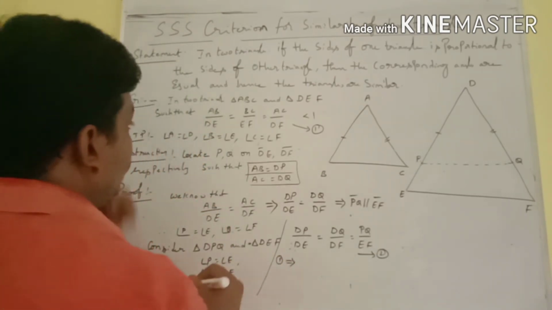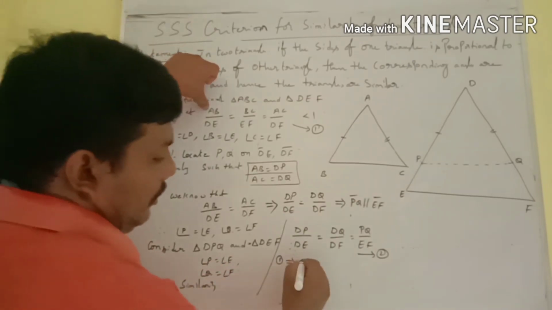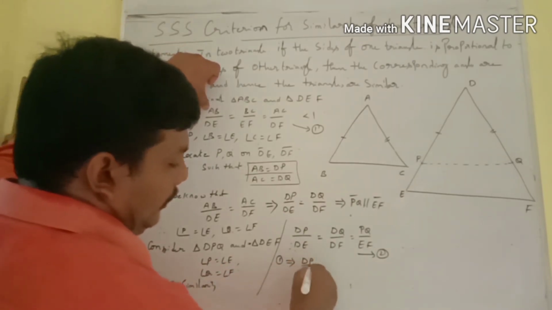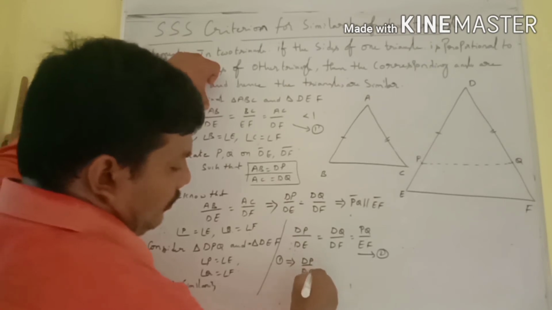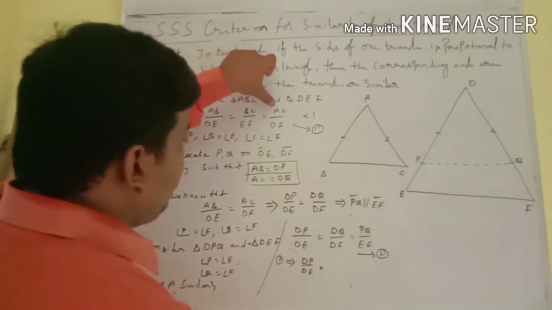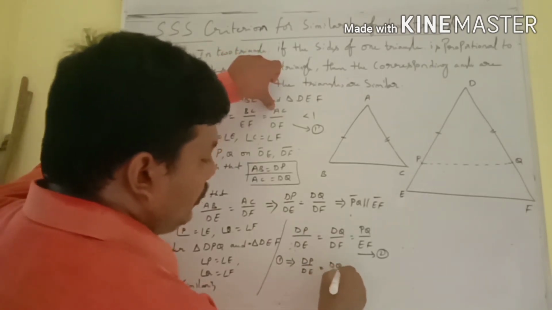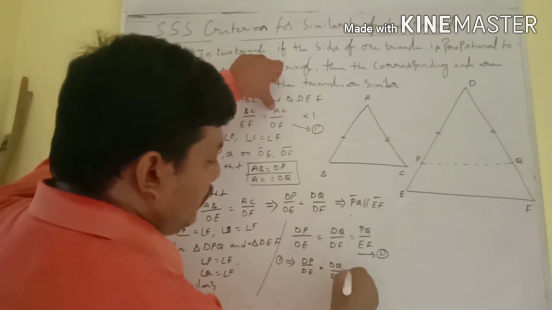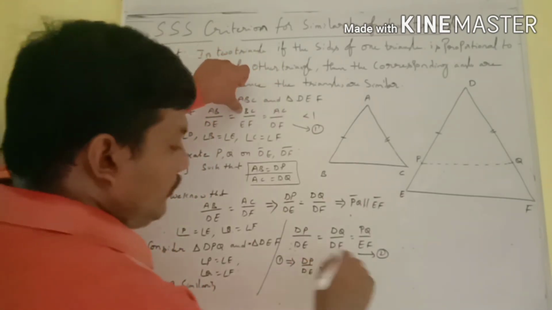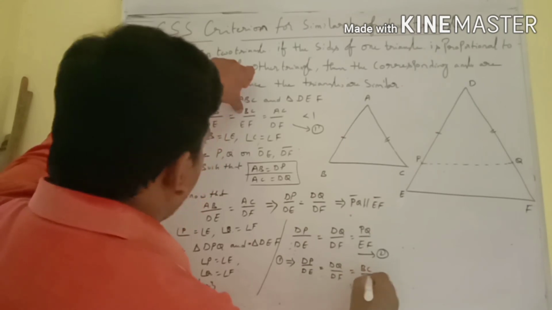Since from the first equation, in the place of AB we can write DP by DE, that is equal to, in the place of AC we can write DQ by DF, that is equal to BC by EF.